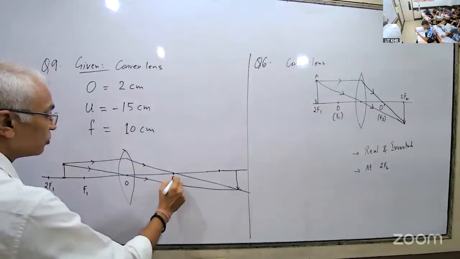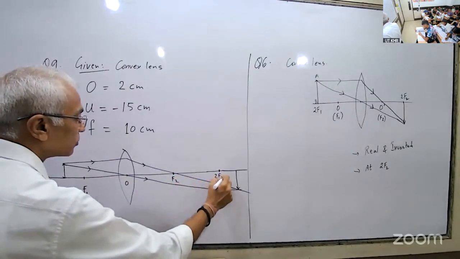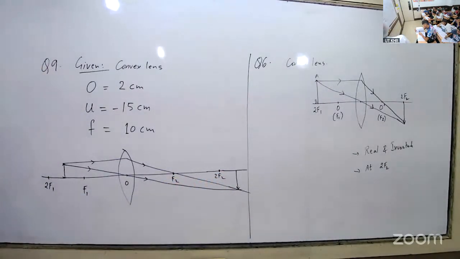Okay, this is F2 and this is F2. How will it be found? First find out v.